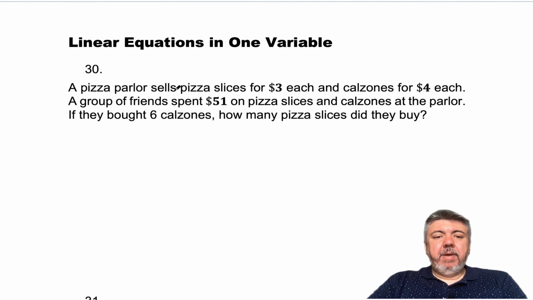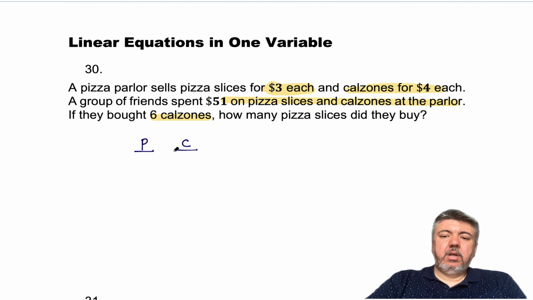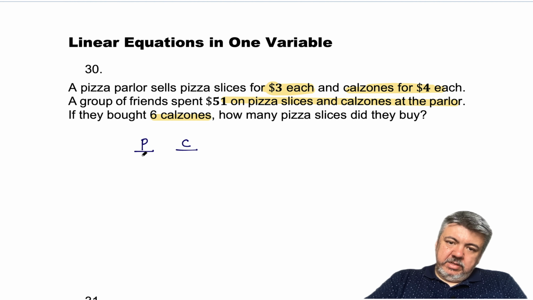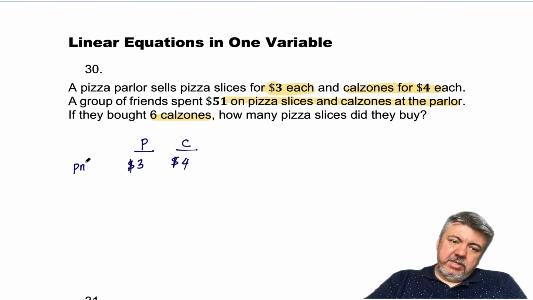Next, a pizza parlor sells pizza slices for $3 each and calzones for $4 each. A group of friends spent $51 on pizza slices and calzones at the parlor. If they bought 6 calzones, how many pizza slices did they buy? Pizza slices are $3 each, the others $4 each. This is the price.